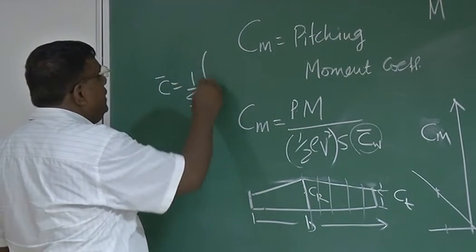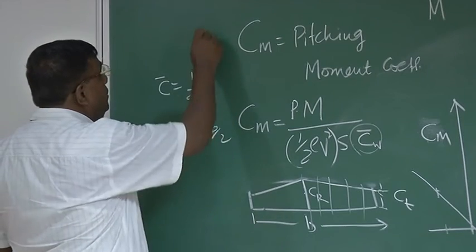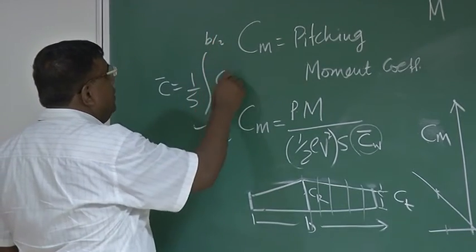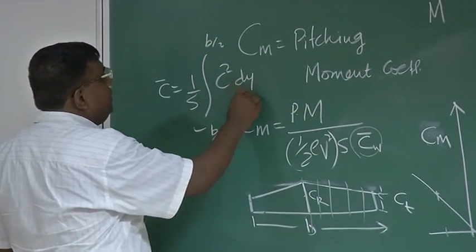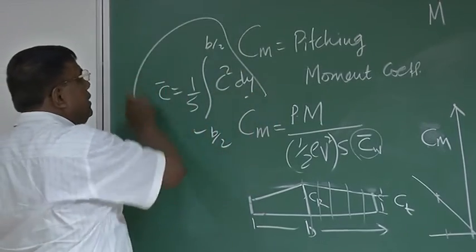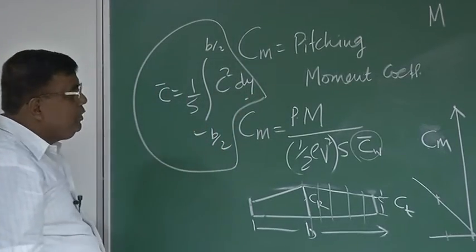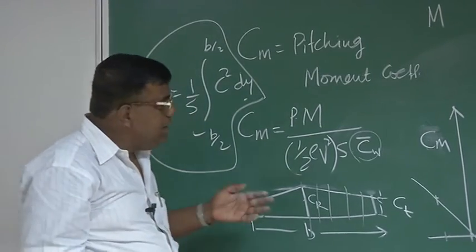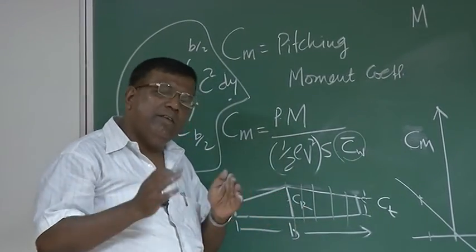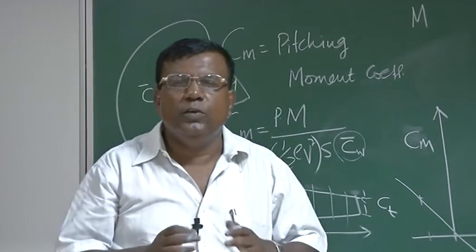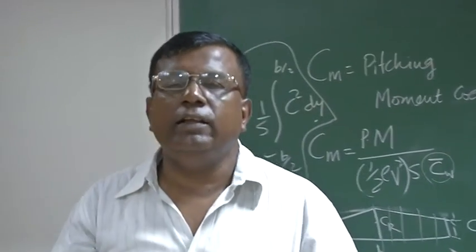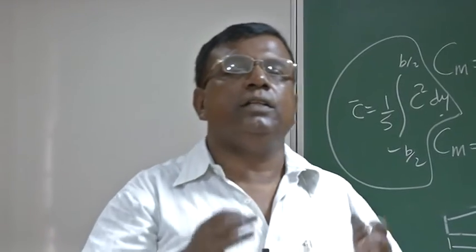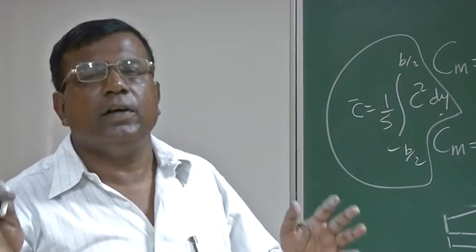Don't give too much weightage to the integral now. For you and me at this stage, assume this is an average chord which helps me visualize it as if it's a rectangular wing with C bar and B as configuration parameters.